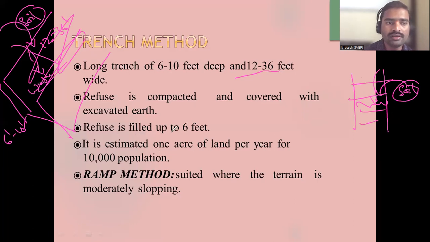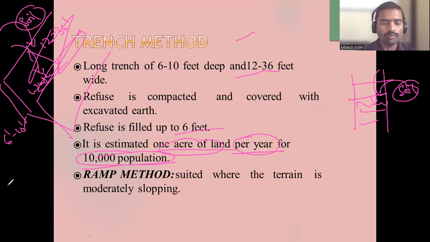Refuse is filled up to 6 feet. It is estimated that 1 acre of land per year is needed for 10,000 population. This point you have to remember. In the trench method, 1 acre of land per year for a population of 10,000 is used.